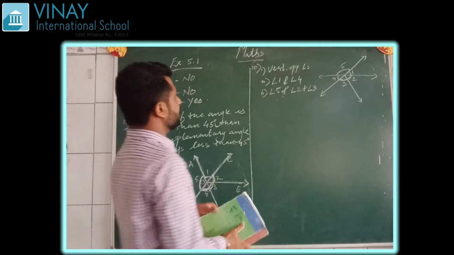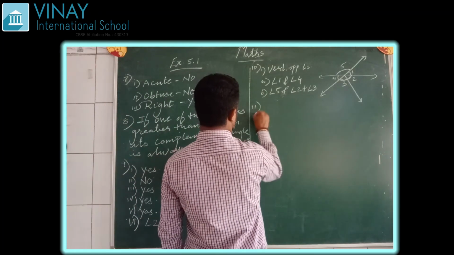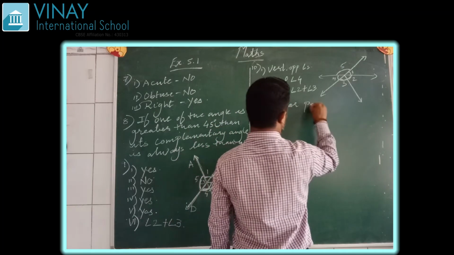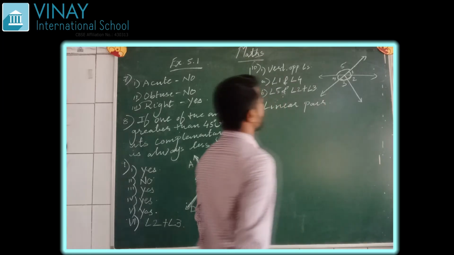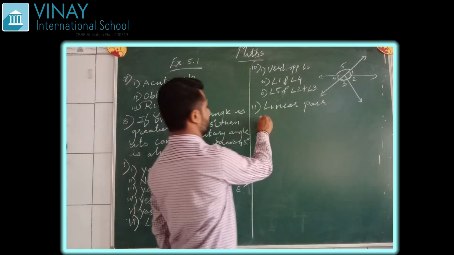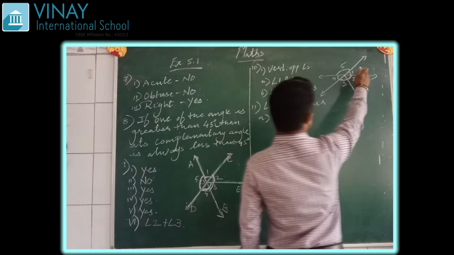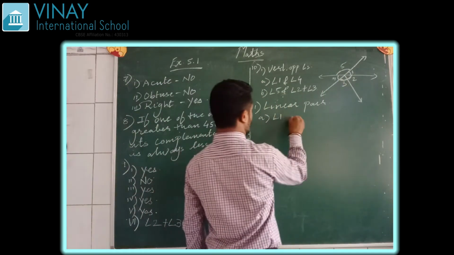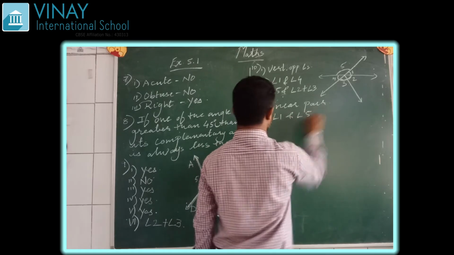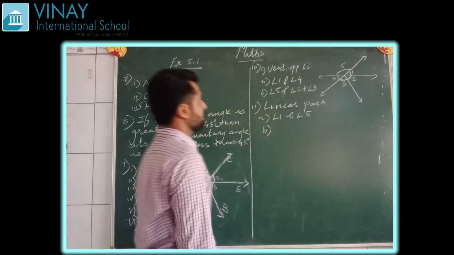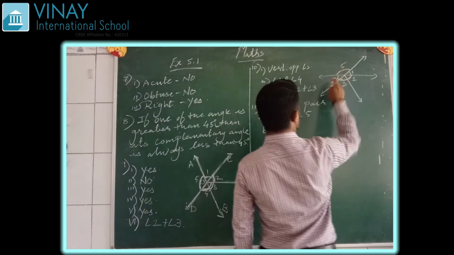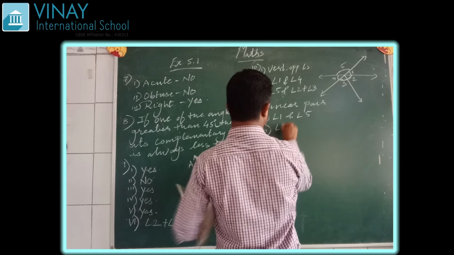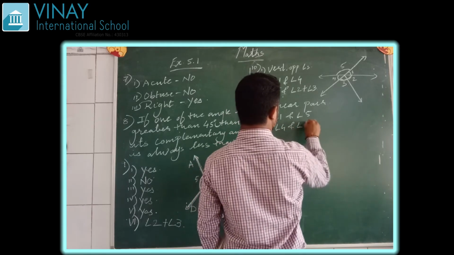Second one is linear pair. We have to find out linear pairs from this. So if we see the linear pairs, the first one we will get is angle 1 and angle 5. Second one we can see is angle 4 and angle 5.